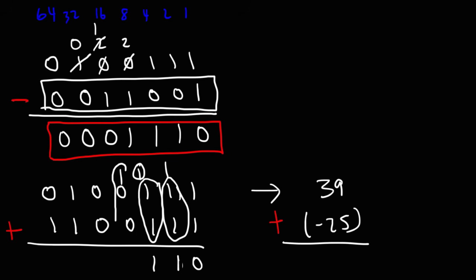Now we have 1 plus 0, which is 1. 0 plus 0 is 0. 1 plus 1 is 0, carry over the 1. 1 plus 1 is 0, carry over the 1. Now this is a carryover because we didn't have that many digits to begin with.